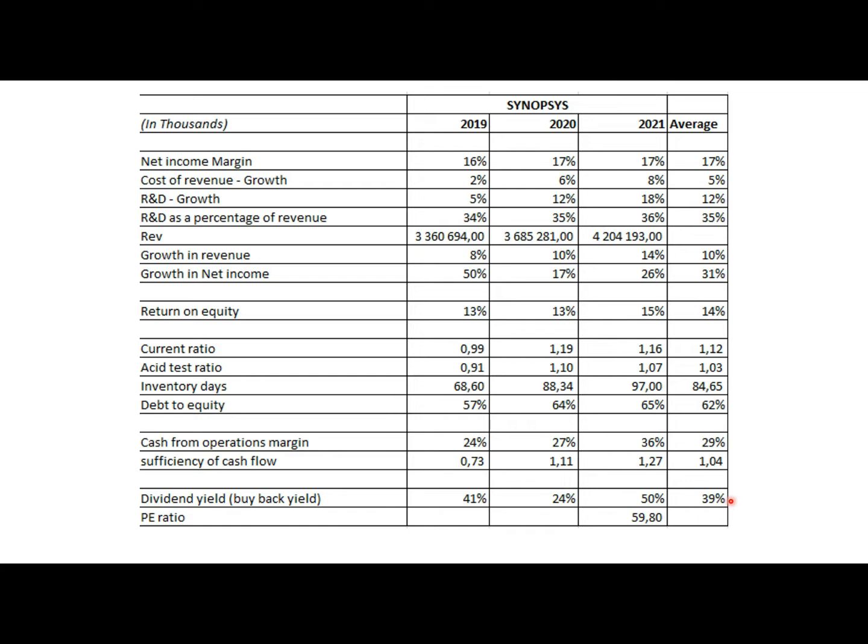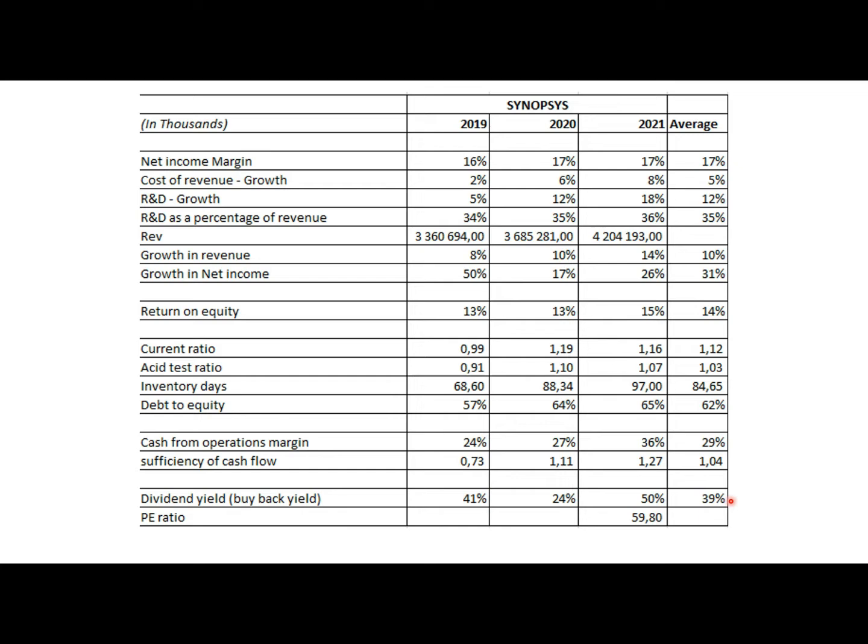But at the same time, it's an efficient use of cash. It's not just letting cash burn a hole on the balance sheet, but rewarding some cash effectively to shareholders. So from the cash management as well as the cash liquidity point of view, Synopsys can generate cash from its operations and has enough cash generated from these operations on a yearly basis to fund all operations.